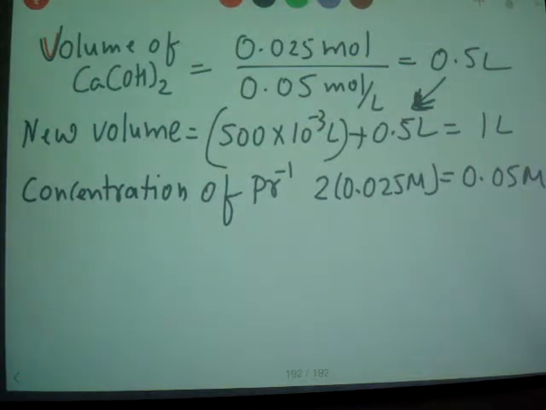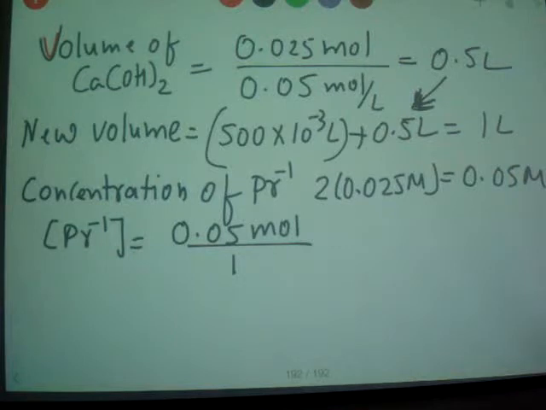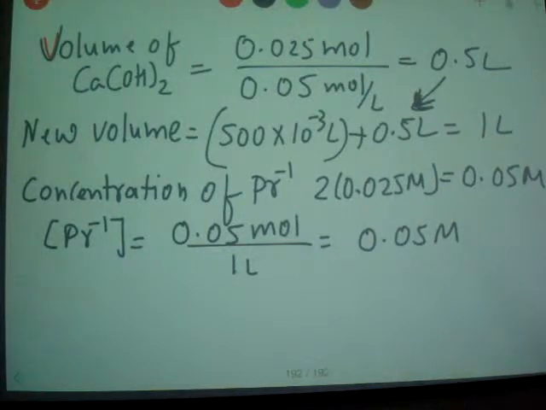How do we get that? 0.05 mole divided by 1 liter, so you get 0.05 molarity. So that's the Pr minus concentration.